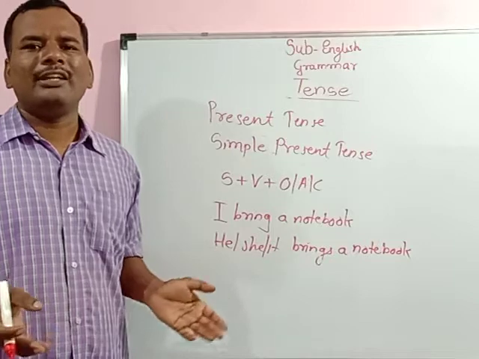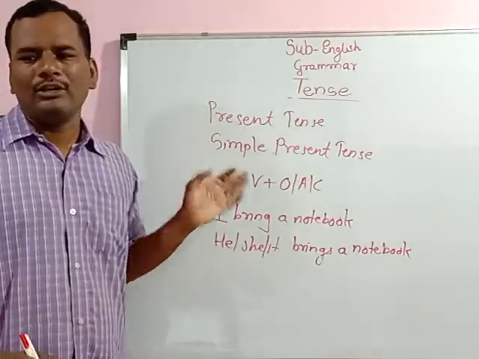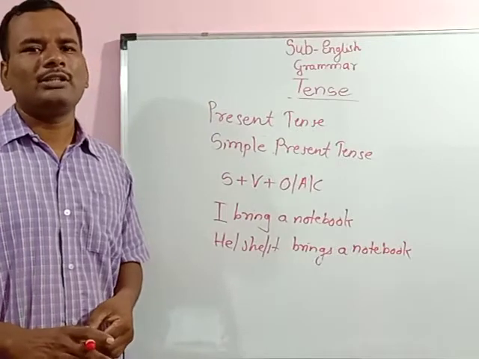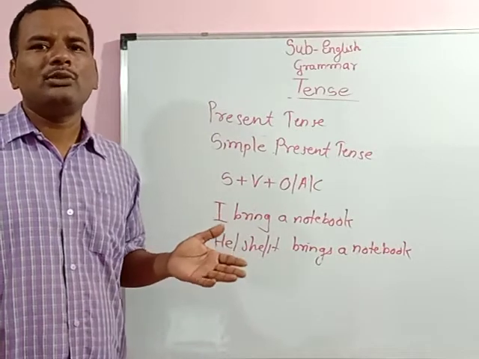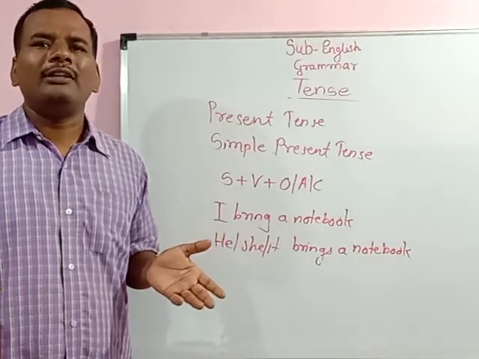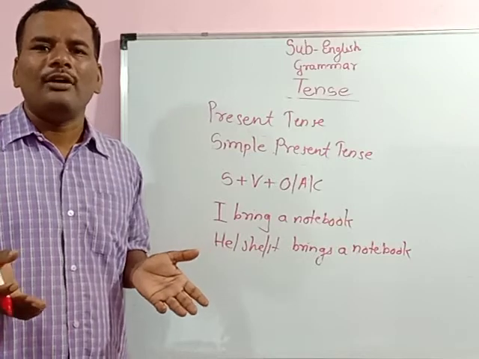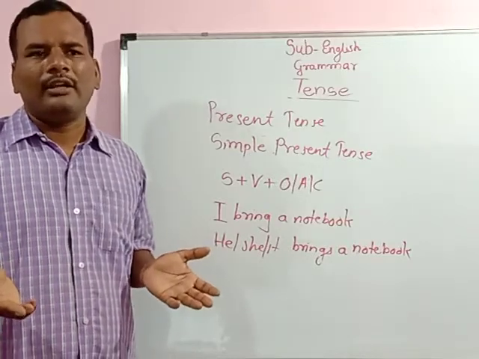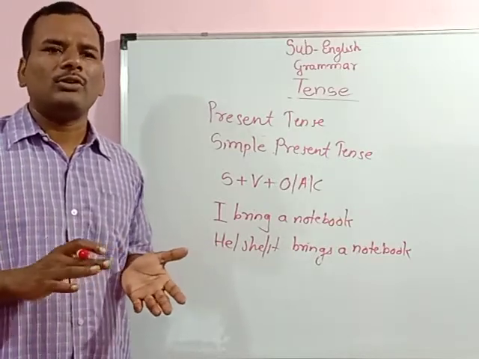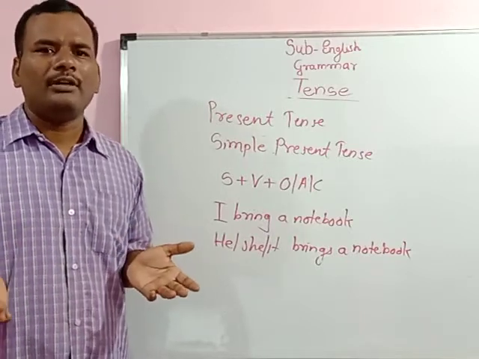The next purpose of the simple present tense is to denote the universal truth. Universal truths are truths which consist of actions that never change. Maybe in the past, or today, or tomorrow, they will not change.